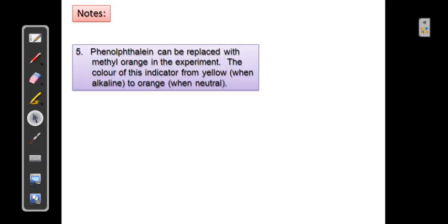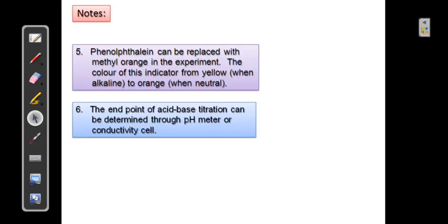The color of this indicator changes from yellow when alkaline to orange when neutral. So it is different from pink to colorless for the phenolphthalein, and for the methyl orange it becomes from yellow to orange. Okay.